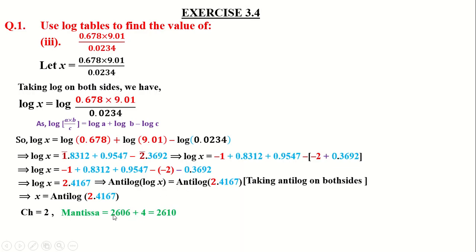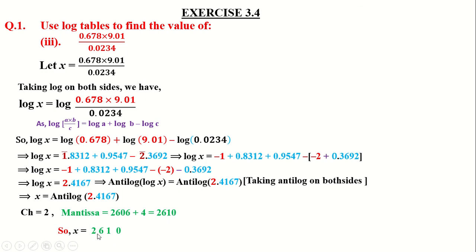Here 2606 plus 4, it is 2610. This mantissa is considered in the answer as antilog of 2.4167. Characteristic is used for placing the decimal point in the mantissa of antilogarithms to find out the value of x.